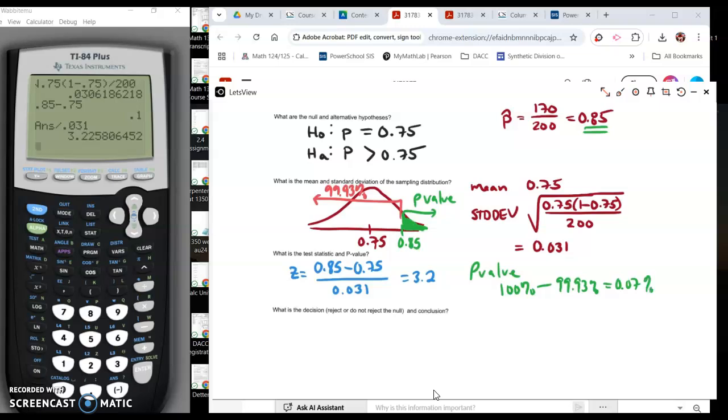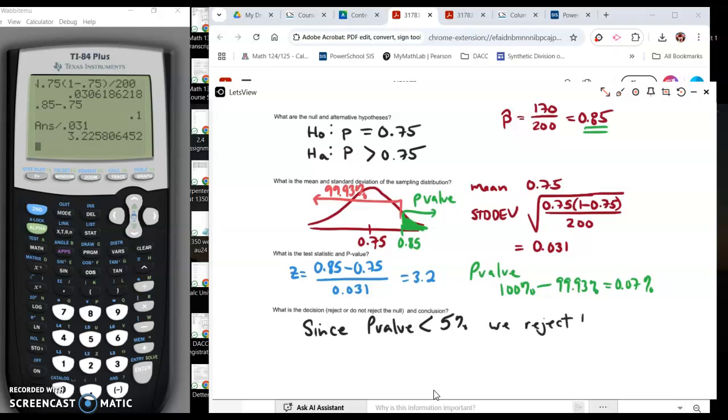So the big idea now is we want to make a decision, reject or fail to reject, based on what we have here. So our p-value is really small. It's only 0.07%. So since the p-value is less than 5%, remember 5% is that level of significance that we use if one's not given, we reject the null.